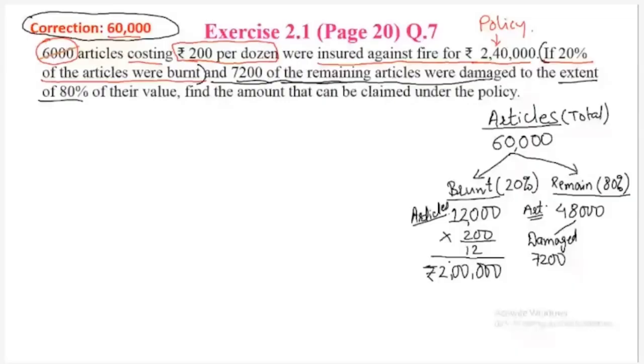So 80%. 7,200 into 80%, 80 upon 100, this 0 and this 0 got cancelled. 720 into 8. 8 2s are 16, carry 1, 8 7s are 56 and 1, 57.